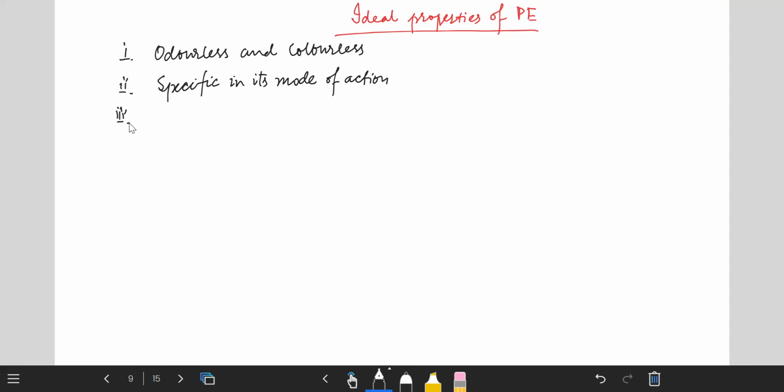And the third one is it should be pharmacologically inert. And it must be compatible with drugs and other excipients used.